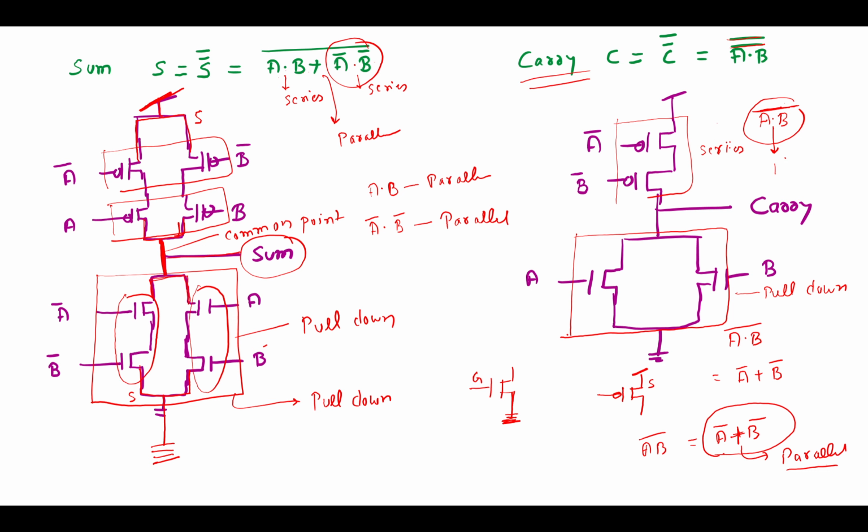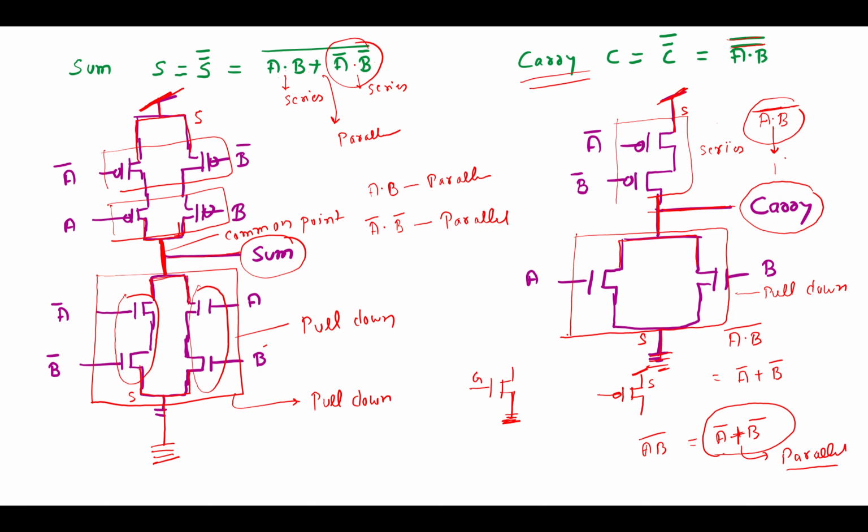The source is connected to VDD here, and this source is connected to ground here, and this is a common point. This common point provides the carry output. So this is the complete diagram of the half adder.